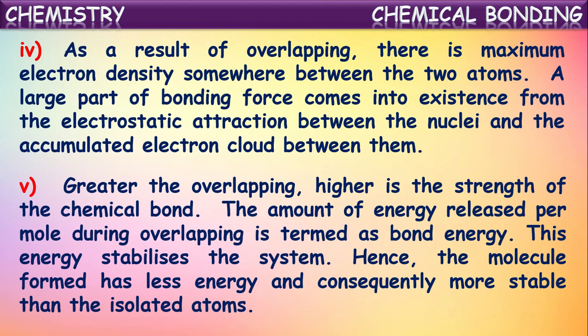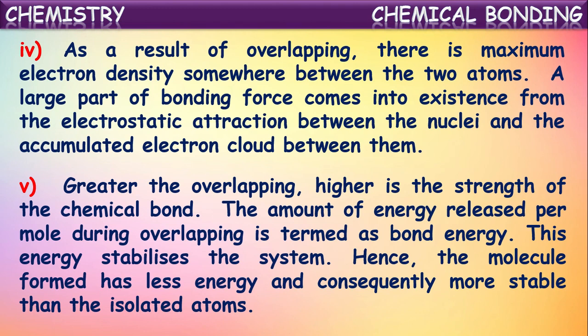Now one more point. Greater the overlapping, higher is the strength of the chemical bond. So if two atomic orbitals of two atoms overlap each other to a maximum extent, then the covalent bond formed will be much stronger. So the strength of the covalent bond formed depends upon the extent of overlapping.